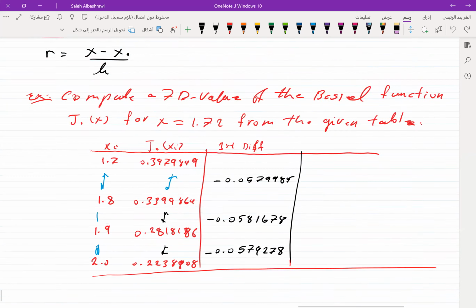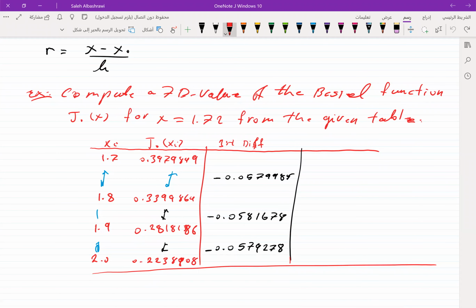This is the first difference. Let's do the second difference now. Let's find the difference between these two. It will be minus 0.0001693.